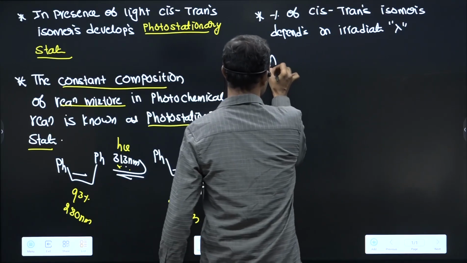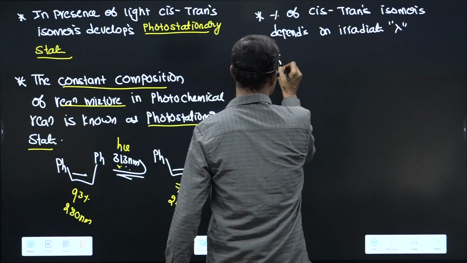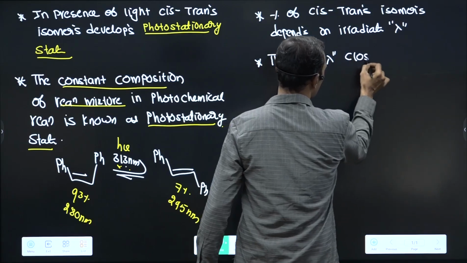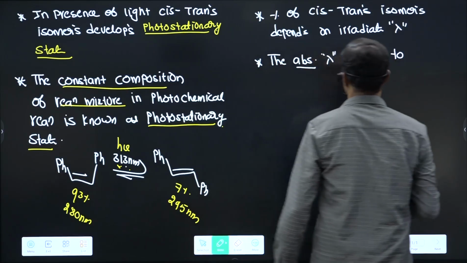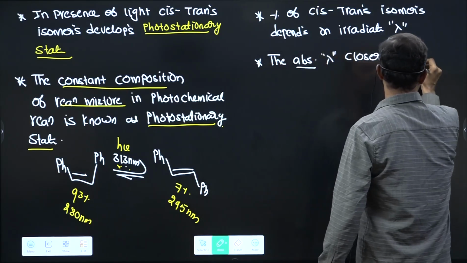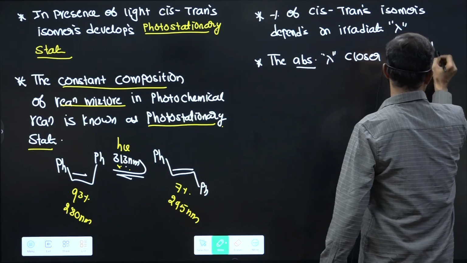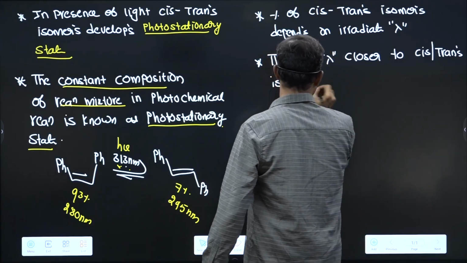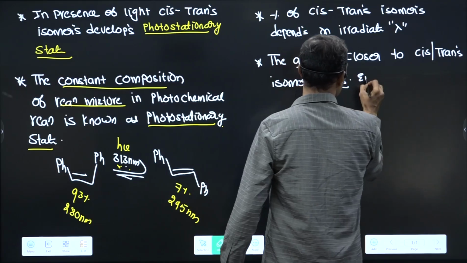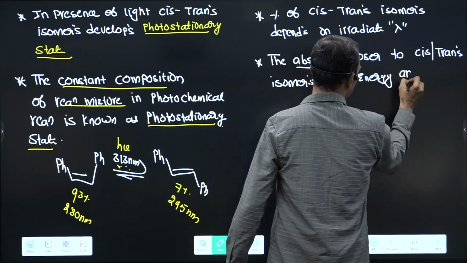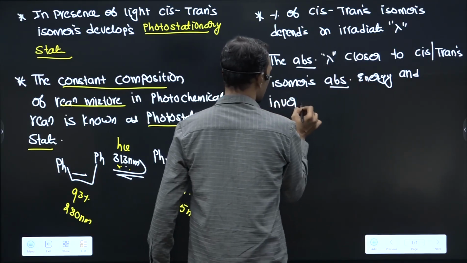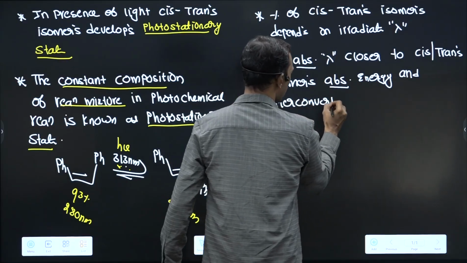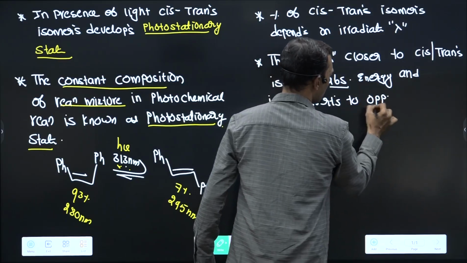Okay, see. The absorption wavelength closer to the cis or trans isomer, that isomer absorbs energy and interconverts to the opposite isomer.